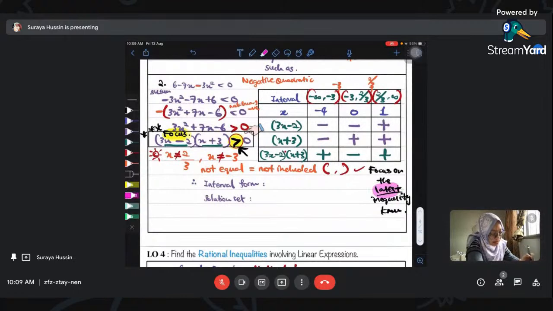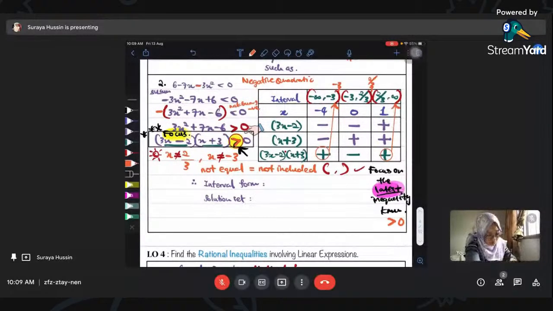Latest means the very latest that you have is more than. So you choose positive sign. Sebabkan dia more than 0. So now, you bolehlah pilih interval you dengan tepat.